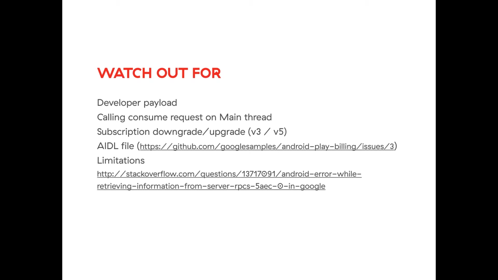They say it's best practice for consumable items to just generate some random payload. And it's not very important because you will consume your item once it's purchased successfully. But for non-consumable items, it should be something that uniquely defines the user.